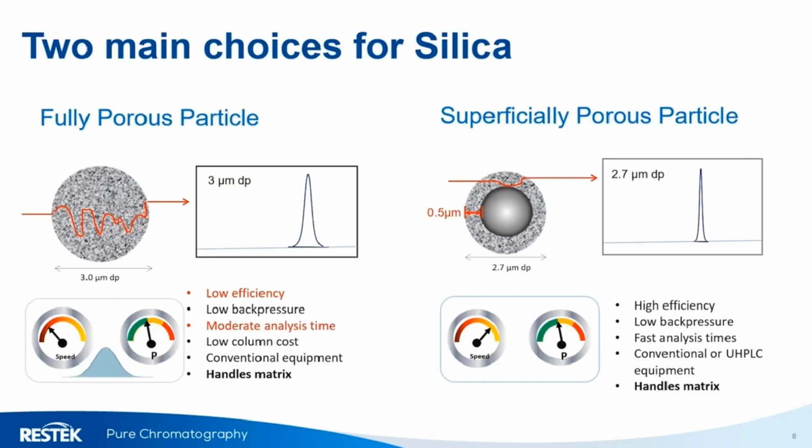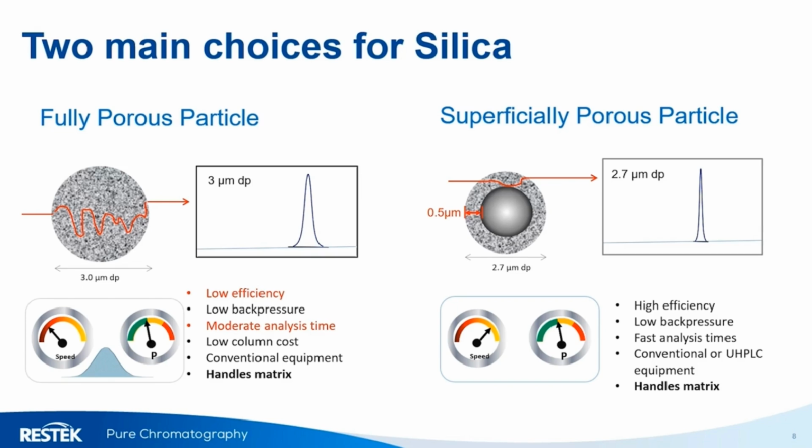In comparing these two particles, we can see the approximate 3 micron diameter fully porous particle versus a 2.7 micron diameter superficially porous particle. We can see how the analytes must diffuse through the entire diameter of the fully porous particle in order to get out the other side.